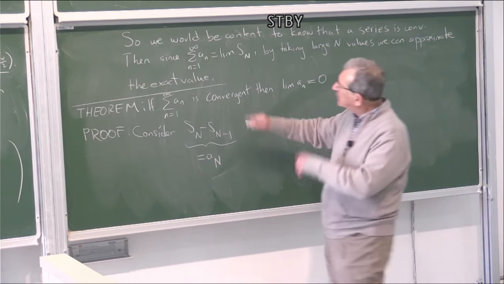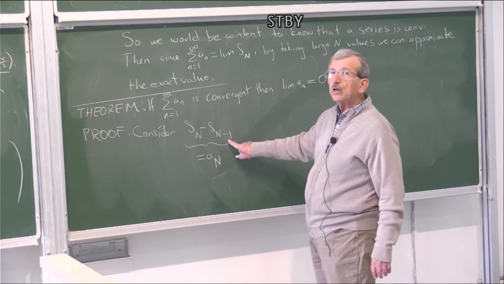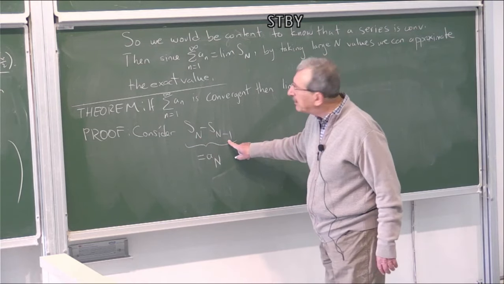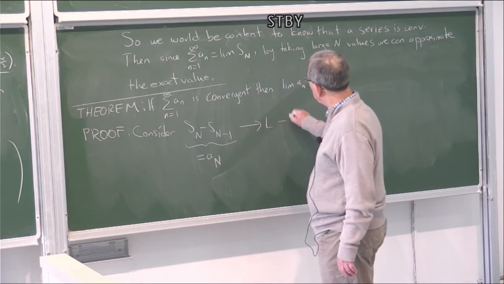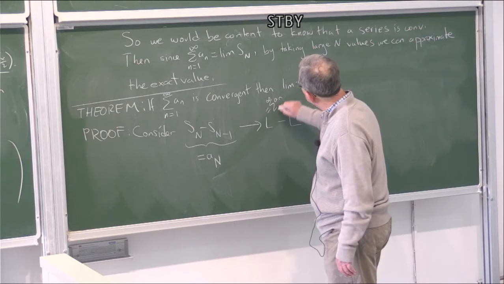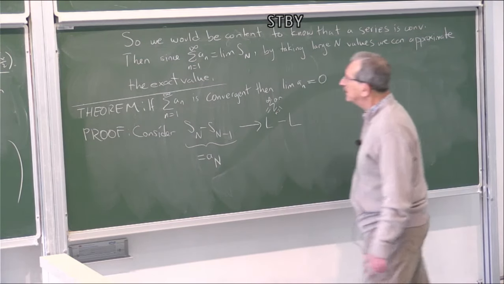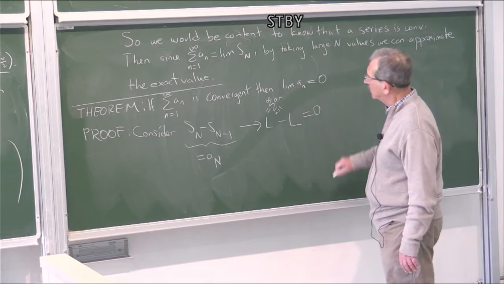But the series is convergent. It means S_n and S_{n-1} converge to the same limit value. So this goes to L minus L, where L is the infinite sum of a. This is by convergence, but that is 0. So the proof is finished.